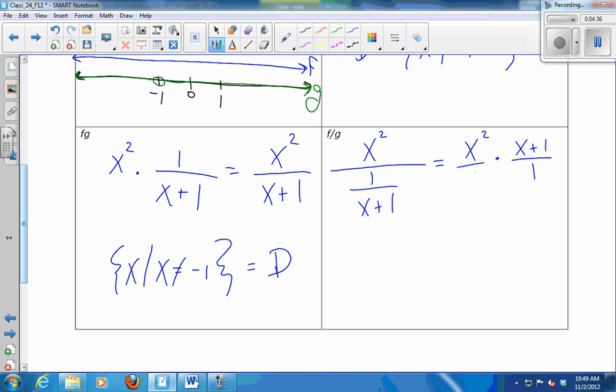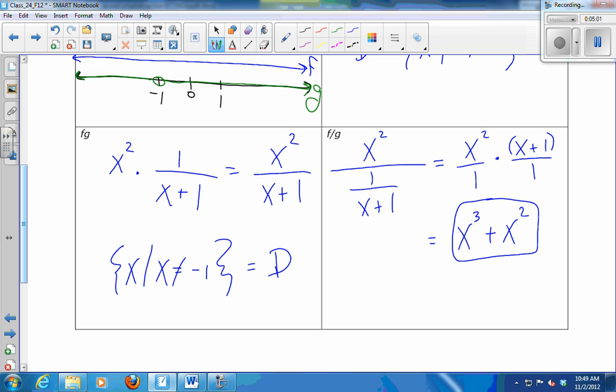If I write that as x squared over 1, I end up with x cubed plus x squared when I multiply the numerators. I just distributed the x squared to the x plus 1. So that is my quotient, f over g.